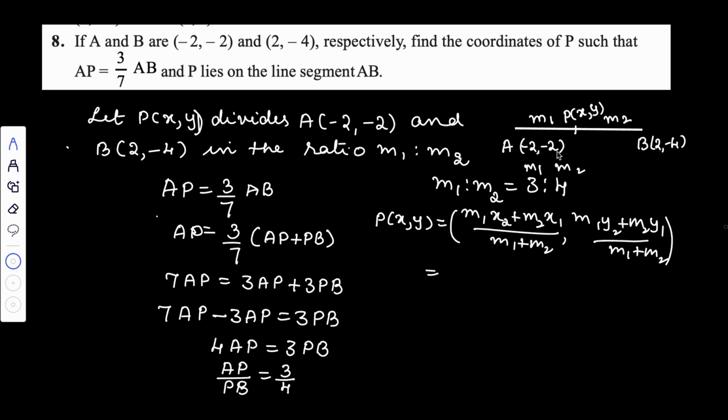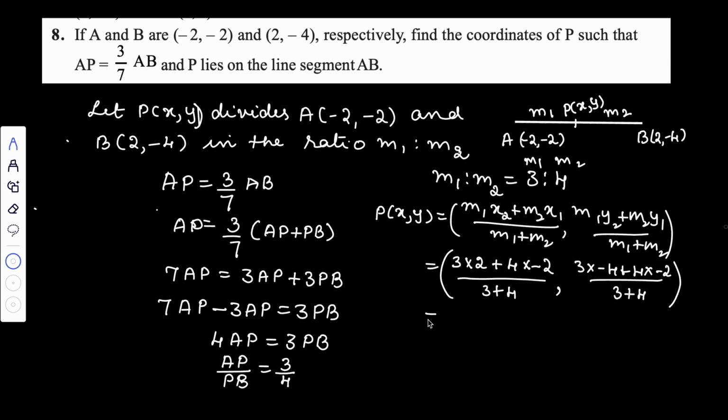This is x1, y1, x2, y2. So m1 is 3 into x2 is 2 plus m2 is 4 into x1 is minus 2, divided by 3 plus 4. Here 3 into y2 is minus 4 plus 4 into y1 is minus 2, divided by 3 plus 4.